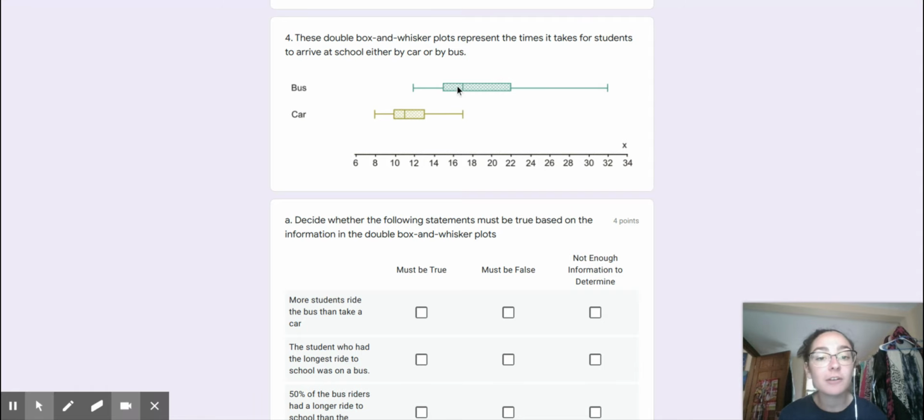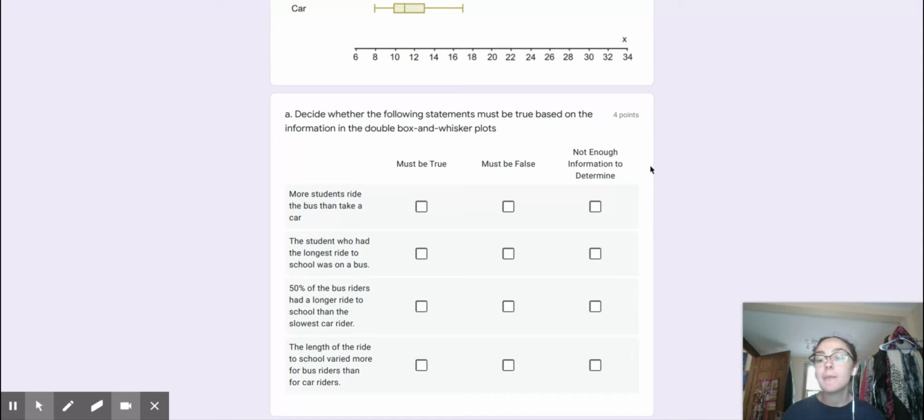Because 25% is in the first half of the box, and the second 25% is this little leg on the outside of it. So we have this 25%, 25%. So this first half is 50%, which we know. And so it's saying that 50%, 25 and 25%, of my bus riders take longer than the slowest car time. So I would say that's probably a true statement.